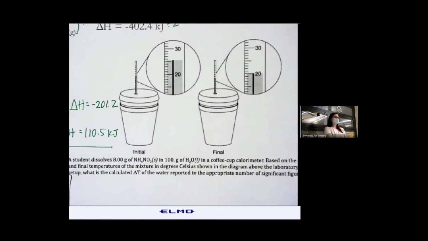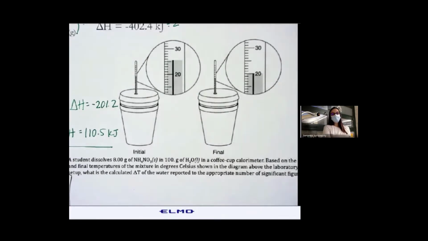They give us the close-up of the thermometers. What is the calculated delta T of the water reported to the appropriate number of sig figs? So everybody had the correct answer, just not to the correct number of significant figures.